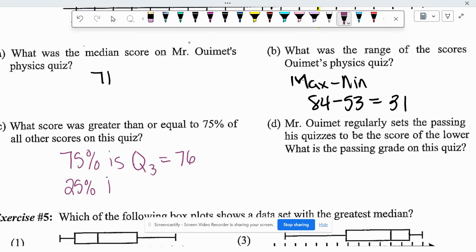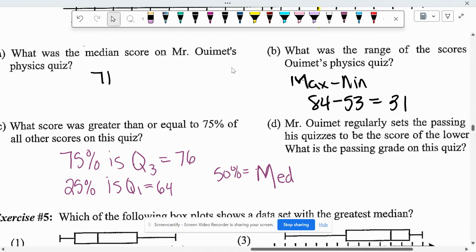Yeah, it's my Q1, which equals 64. What is 50% going to be? What's the number? And it's called the what? It's called the median. I want you to know what those represent. 25% is Q1. 50% is your median.